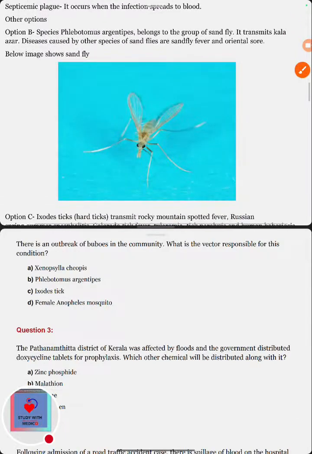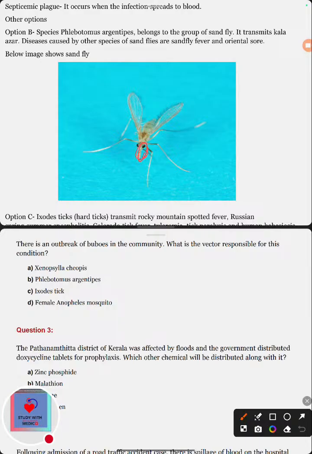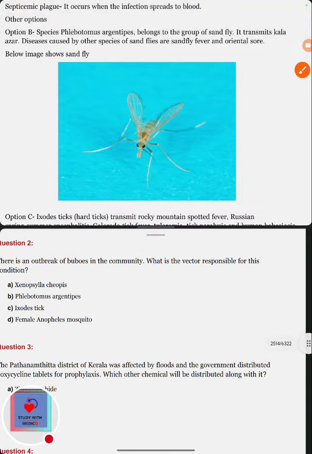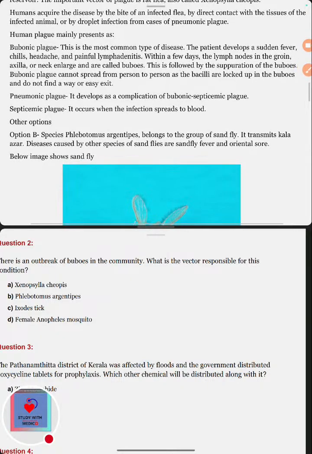So this is the conical shaped head. It has abdomen, thorax, and three pairs of legs. One, two, three. Three pairs of legs.